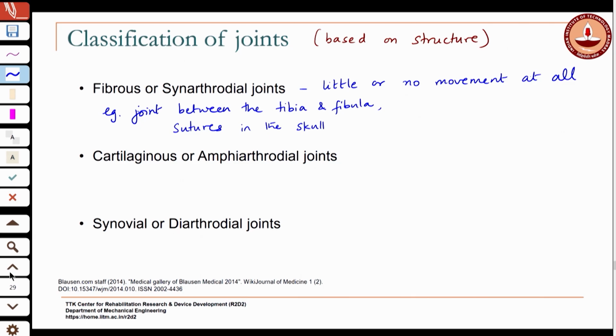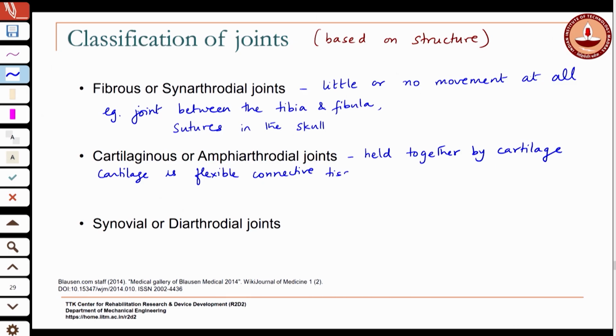The next type of joint are the cartilaginous or amphiarthrodial joints. These are joints that are held together by cartilage, which is basically flexible connective tissue which is not as hard and rigid as bone, but it is stiffer than muscle.